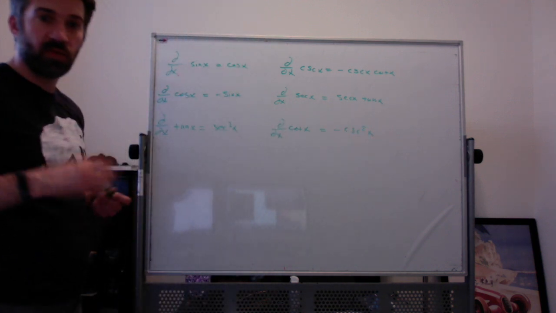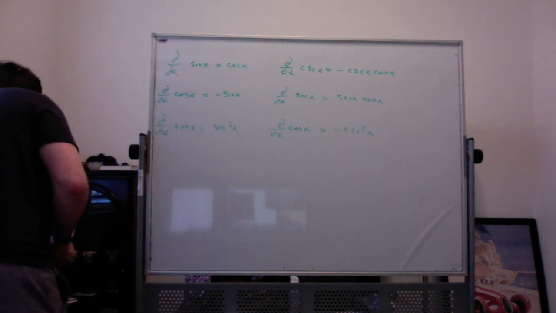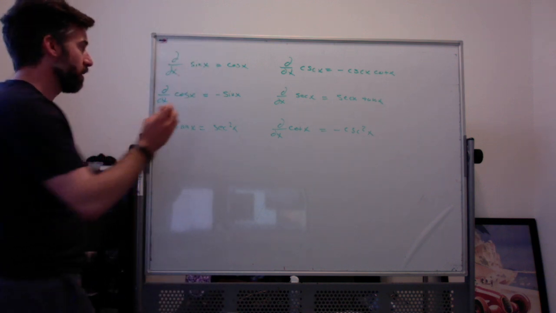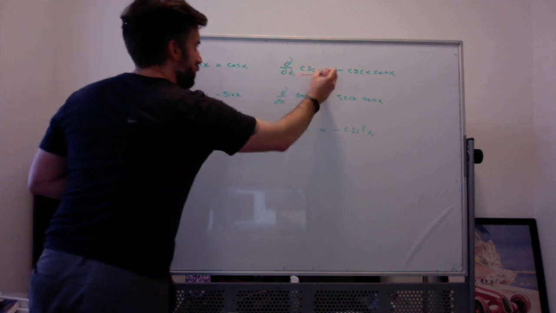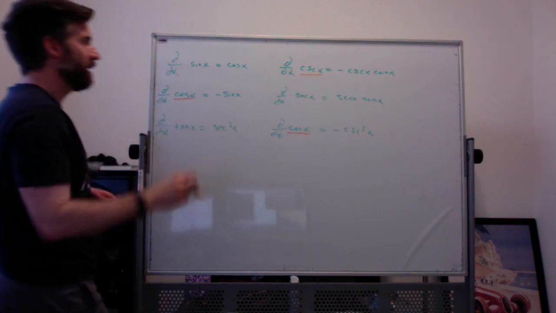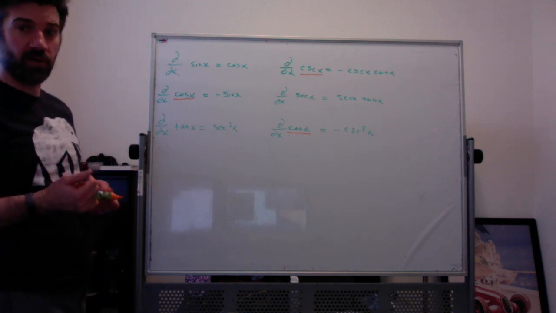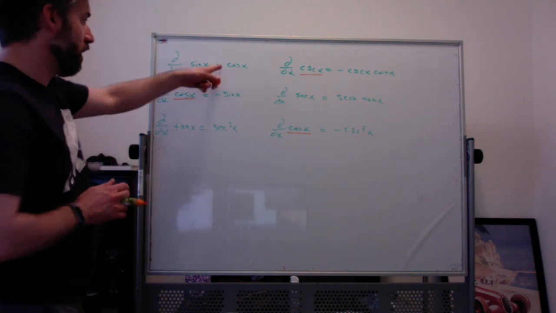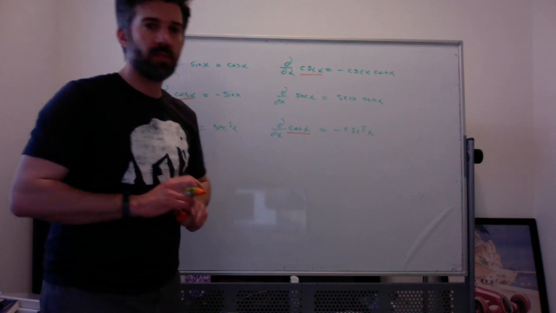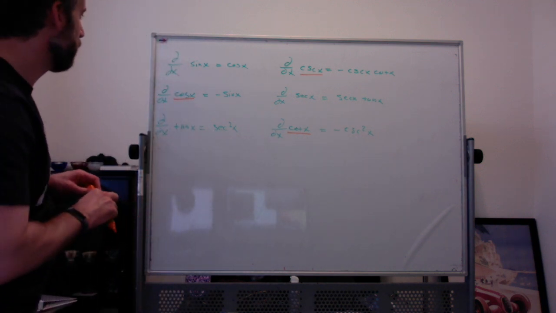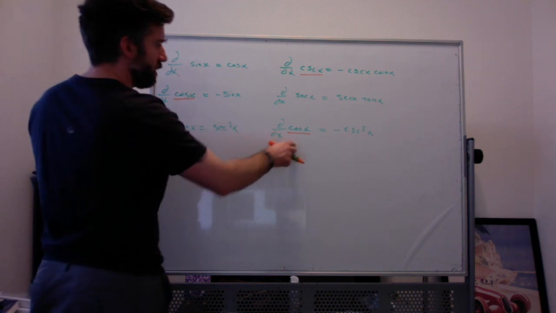Okay, 3 things I see here. Thing 1, all of the co-functions, cosine, cosecant, cotangent, have negative derivatives. And all of the non-cofunctions have positive derivatives. The second thing I see, which is a little harder to describe, is that tangent and cotangent act the same, right?